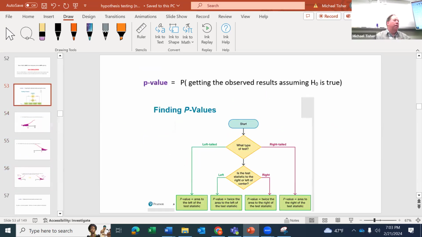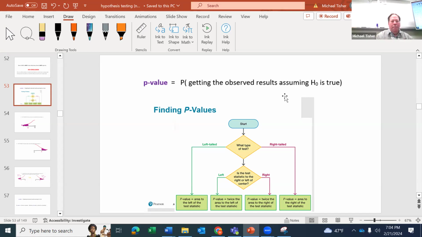All right, so the p-value, according to slide 53, is the probability of getting the observed results, assuming H0 is true. So we're going to assume H0 is true. And what is the probability to get something assuming H0 is true? Well, if the probability is very low, then that will tell me that H0 is probably not going to be true.